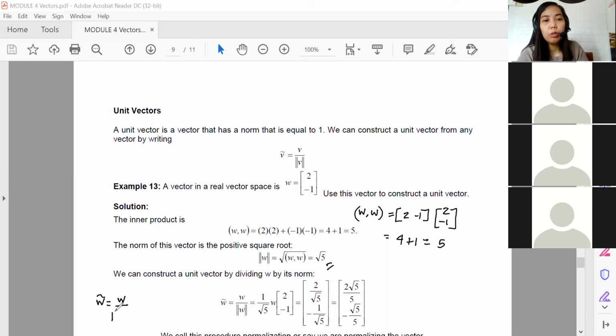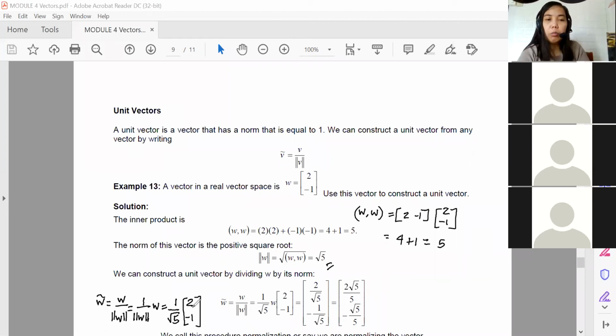W over the norm is also equal to 1 over the norm times W. Pinakita lang yan. So 1 over the norm, which is square root of 5, times W. Ang W natin ay 2, negative 1.